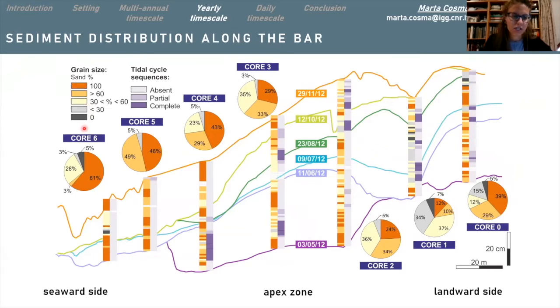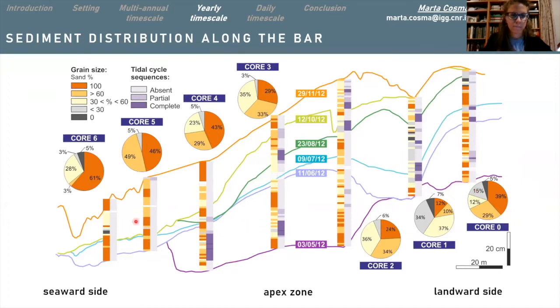There is a clear grain size trend. In particular, the seaward side consists of coarser grain size, so sand is more abundant in the seaward side, whereas finer deposits, so muddy deposits, are more abundant in the apex zone and just landward of it.